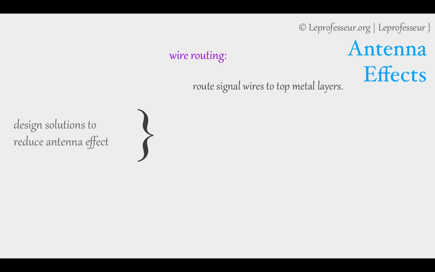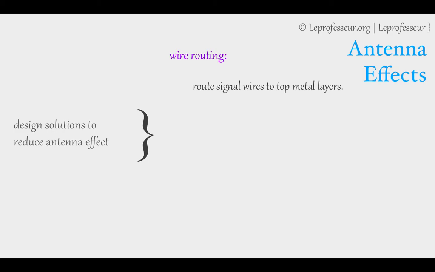So how can you reduce the area? Width, most likely you can't reduce, it's specific to technology as per design rules. You can play around with the length of the wire, and also with the routing of the signal wires.